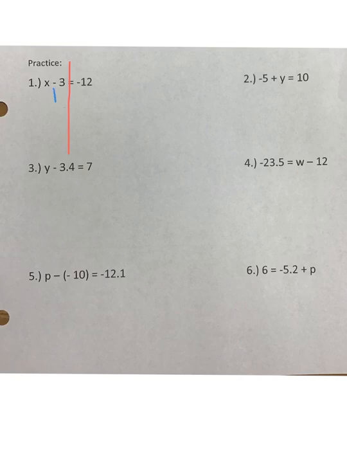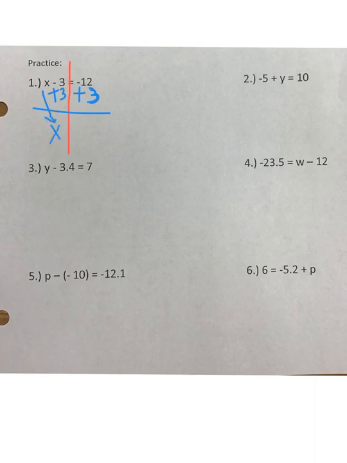So we are going to add 3 to this side, and what we do to one side, we have to do to the other side. Again, the reason we're using the inverse operation is because if we have a negative 3 with the x right now, and we add a positive 3 to that side, we're going to get rid of the 3's on the side that has the variable, and that will just leave us with x on this side.